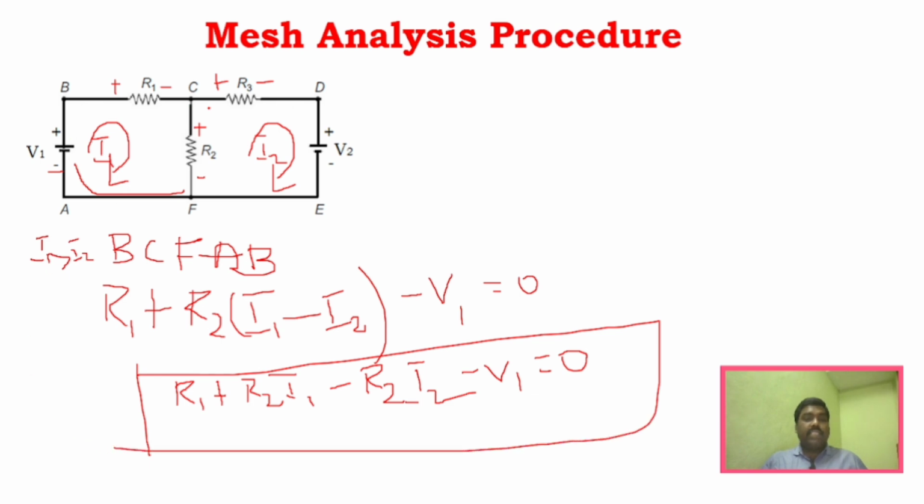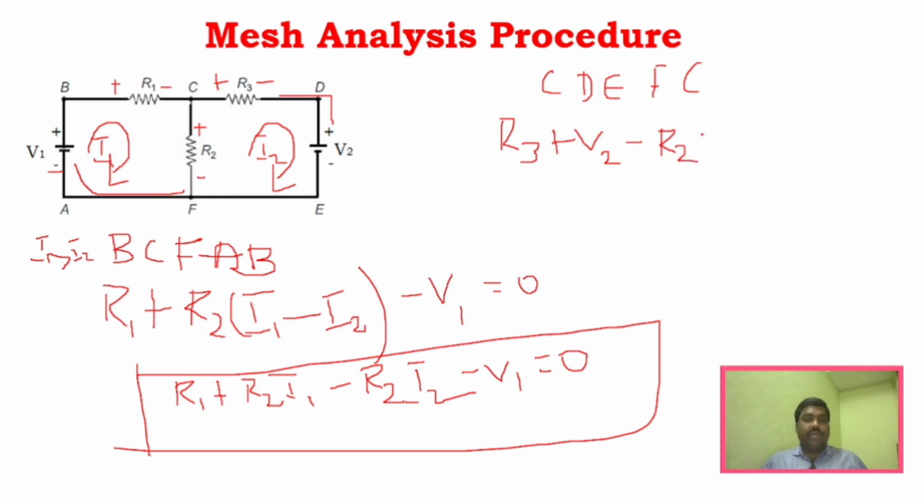Now, consider the second mesh. The second mesh is C, D, E, F, and back to C. I'm going to start from here. How will you write? We are approaching from plus, so it is R3, and we are approaching here plus, so it is plus V2, and here we are approaching minus, so it is minus R2.